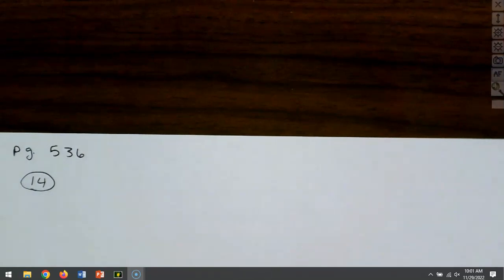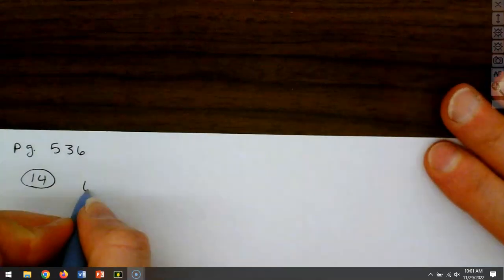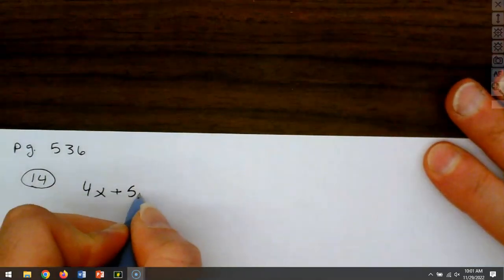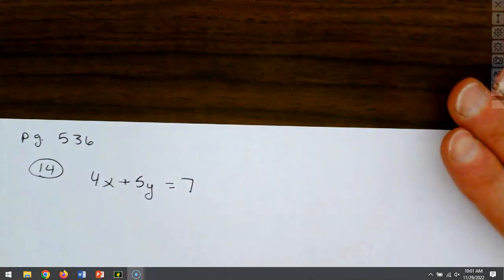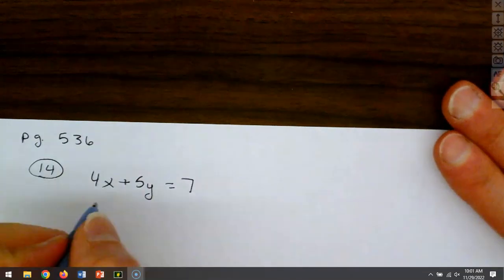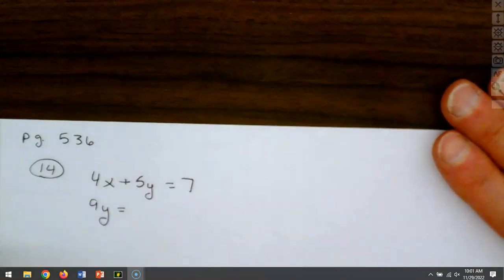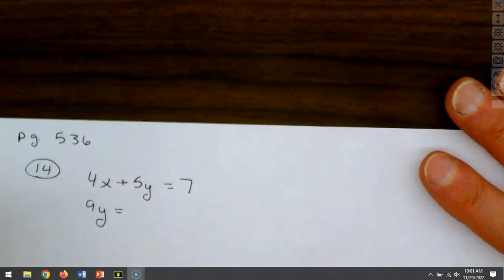Question 14 is 4x plus 5y equals 7. And our second equation is 9y equals 31 plus 2x.